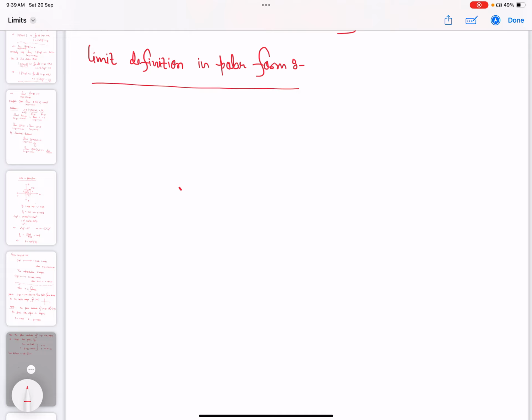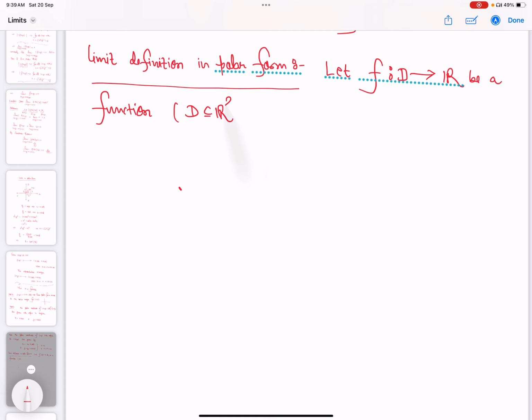Let f from D to R be a function, D a subset of R2, and (x naught, y naught) belongs to R2.